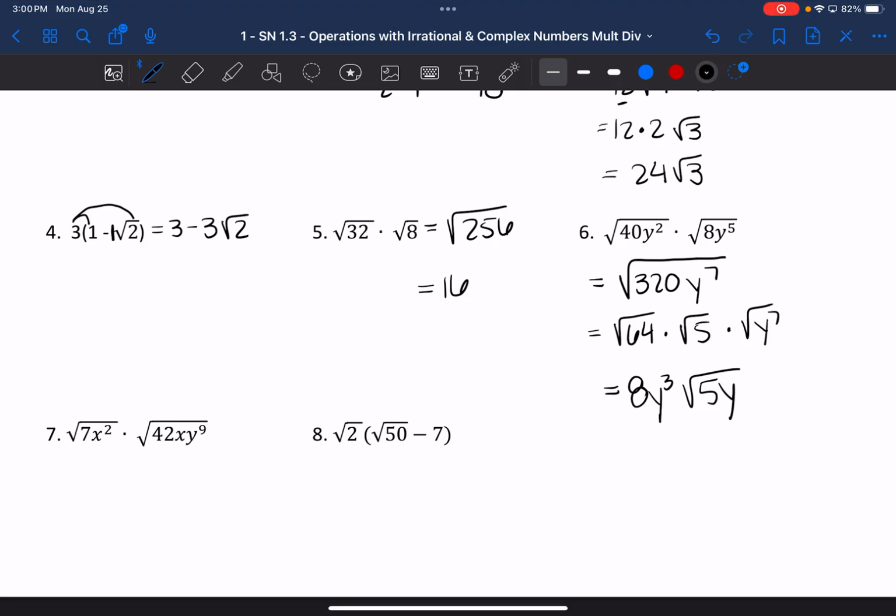We have x times the square root of x on top, divided by... and on bottom, we have 5x, y. 294 divided by 49. Oh, yeah. It results in x times 5y.